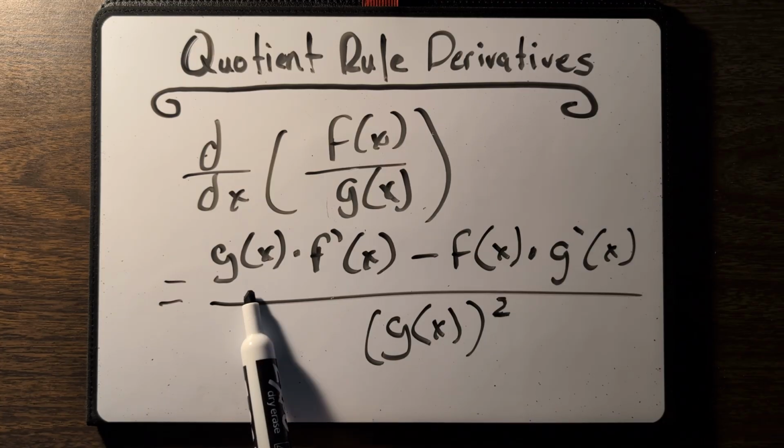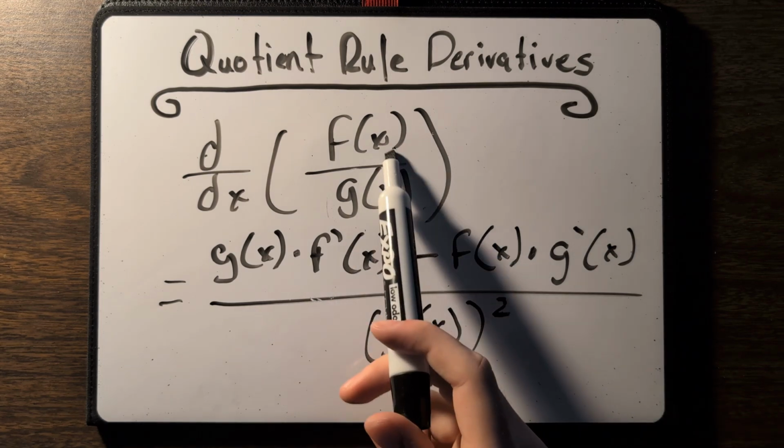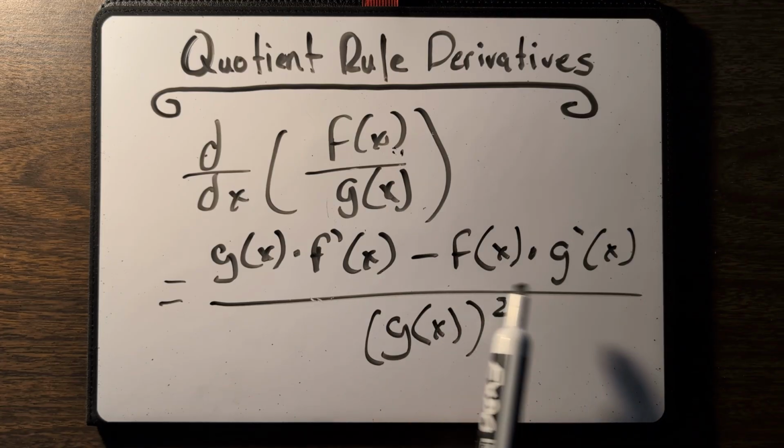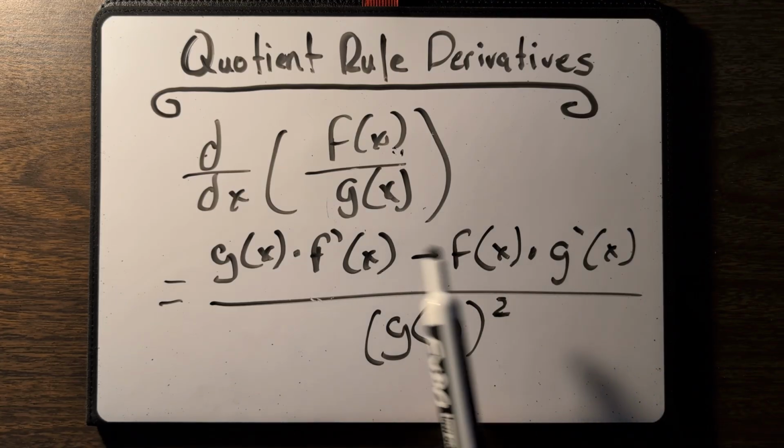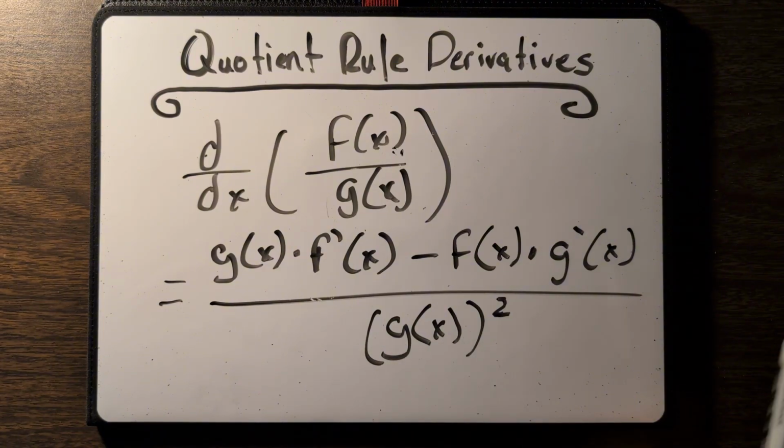So low and then d high is the derivative of the top function, minus high d low, the derivative of the bottom function, over low squared. It's a good way to remember it.